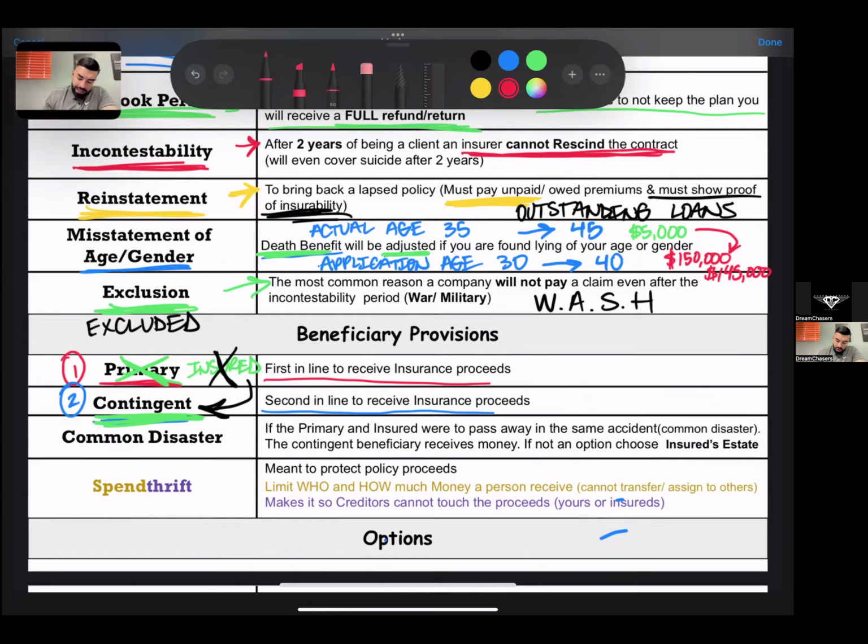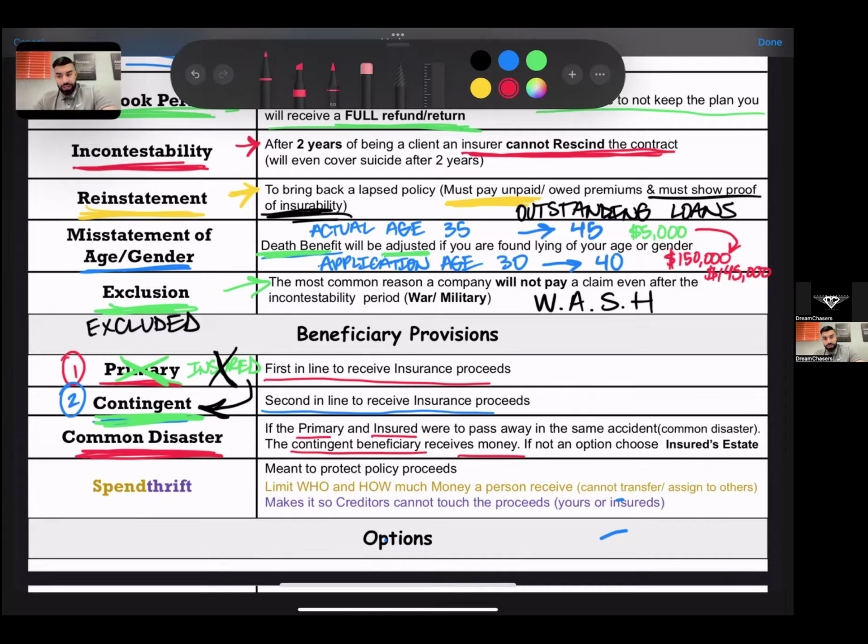Next is the common disaster clause. The common disaster clause says if the primary and the insured were to pass away in the same accident, a common disaster, the contingent beneficiary receives the money. So, for example, let's say husband and wife are in a car accident and they pass away.